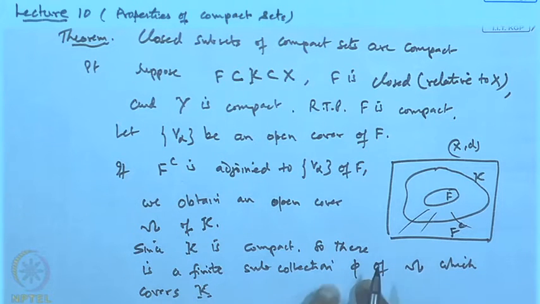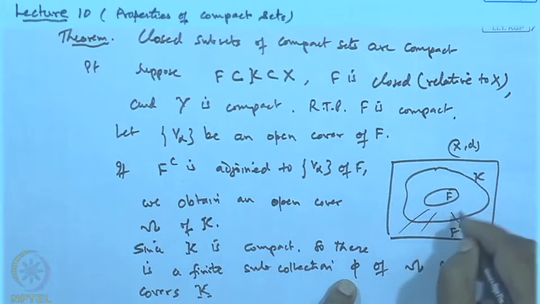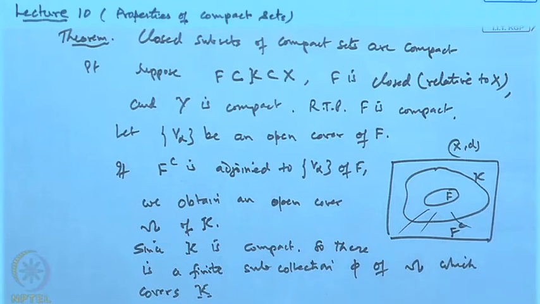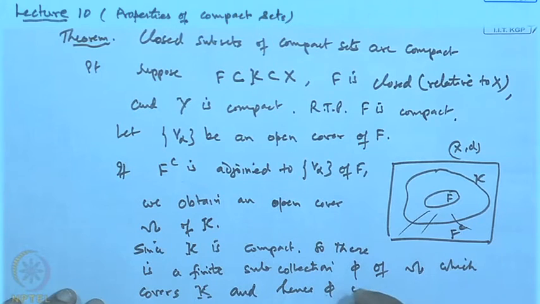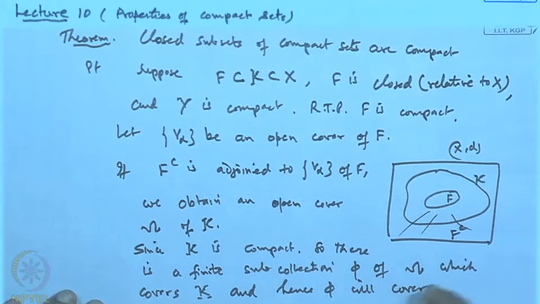So, it means that phi will cover F also. Hence this finite subcollection phi will cover F also.